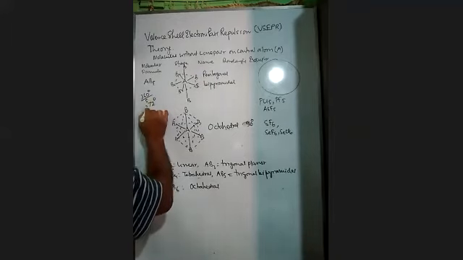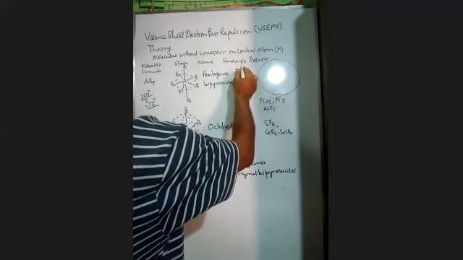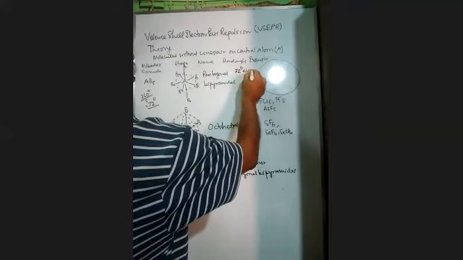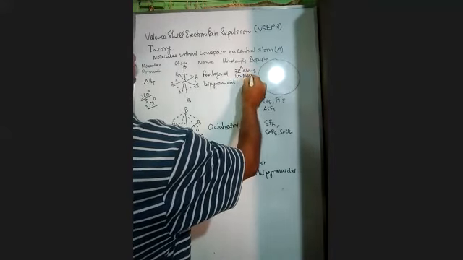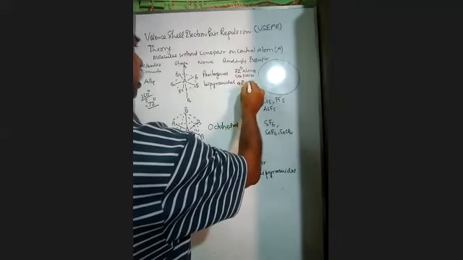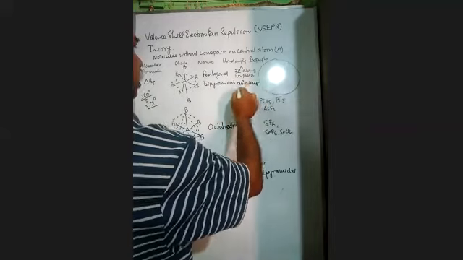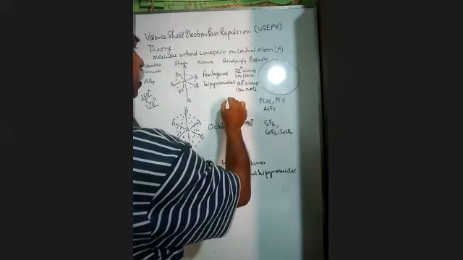So along the plane the angle is 72 degrees and along the axis it is 90 degrees. Only one molecule is there.